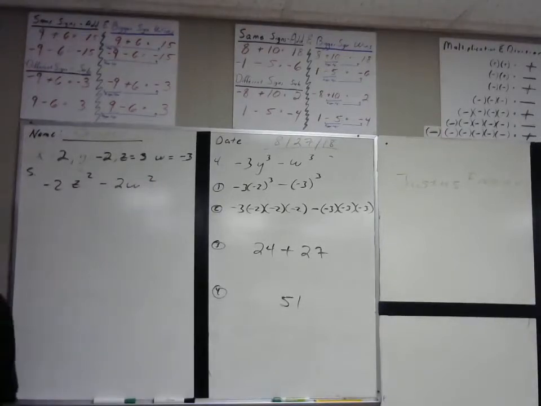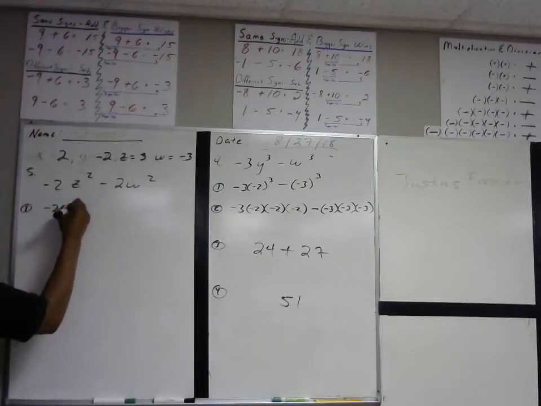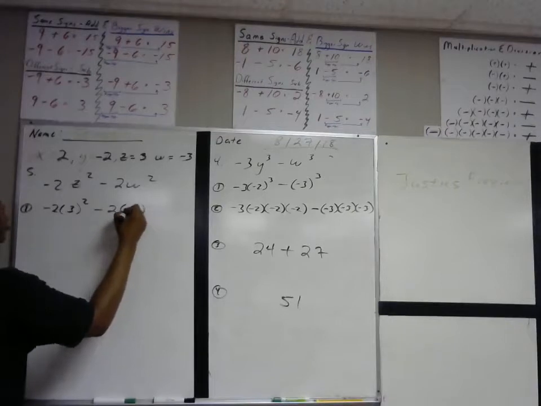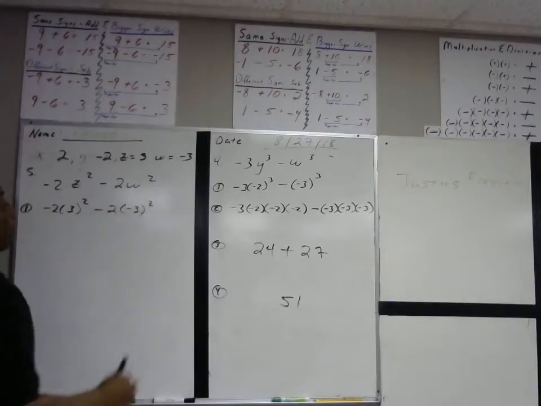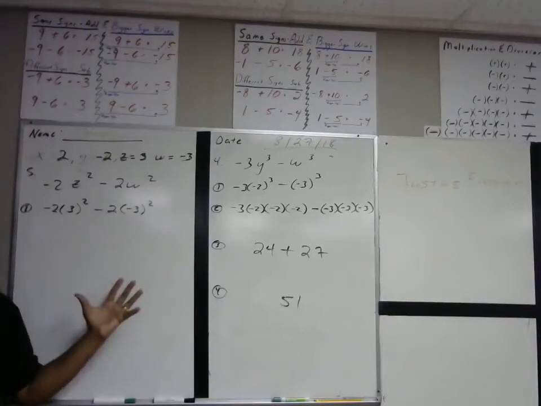My first step will be substitution. So this will be negative 2 parentheses 3 to the second power minus 2 parentheses negative 3 to the second power. All that's substitution.